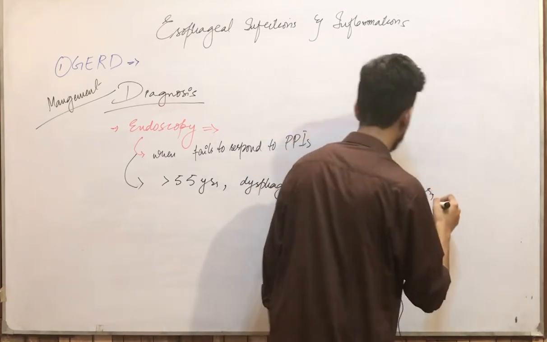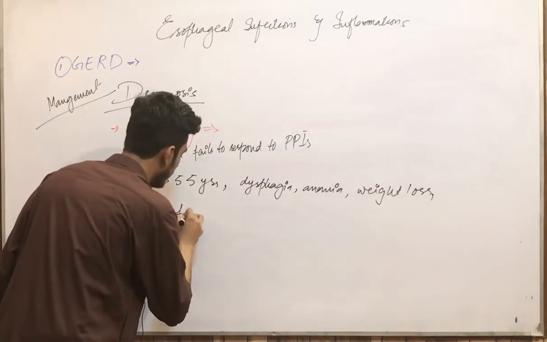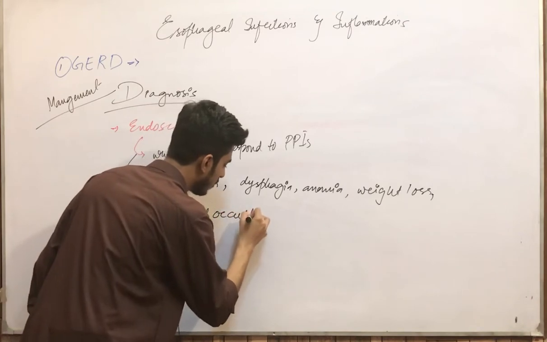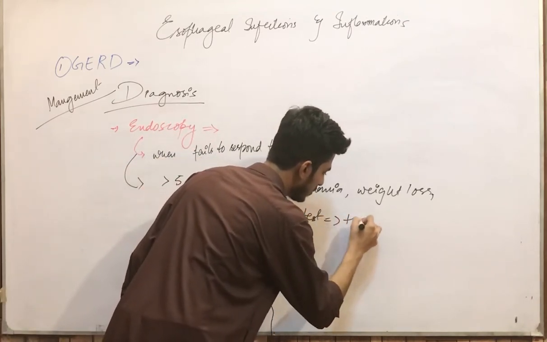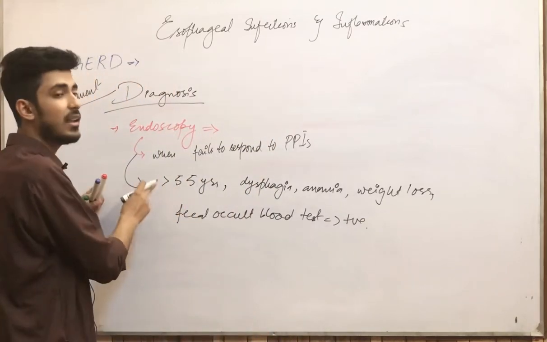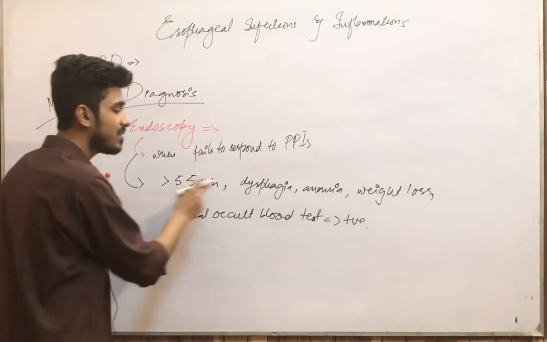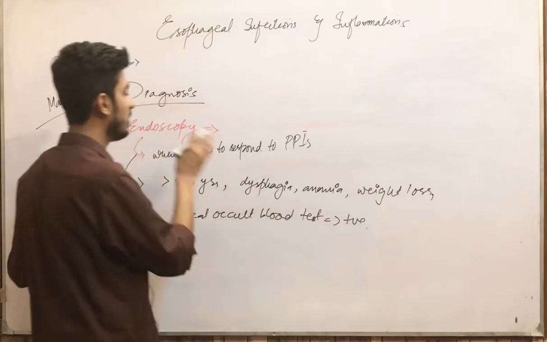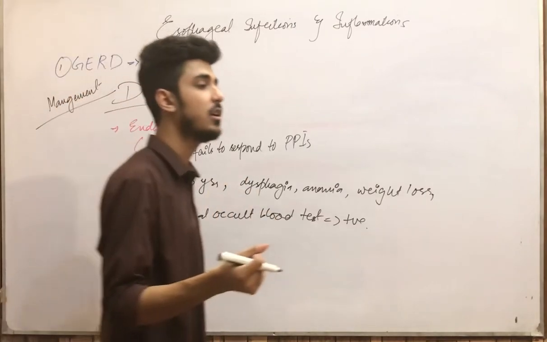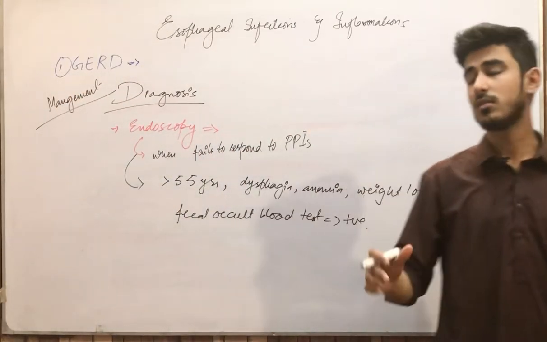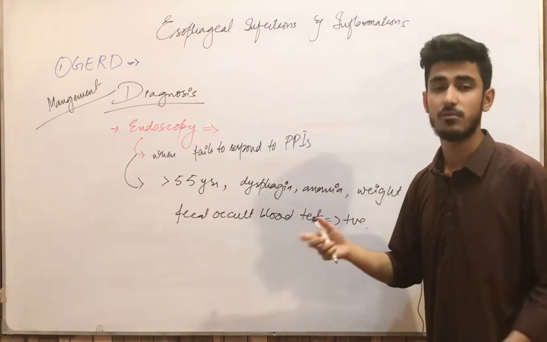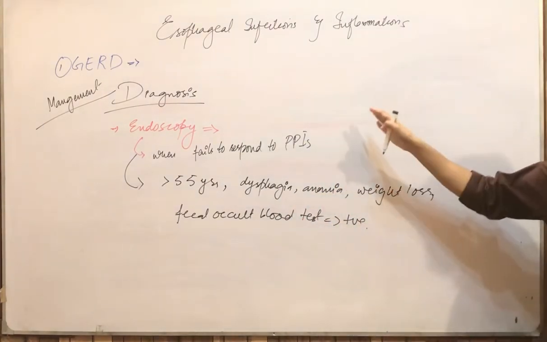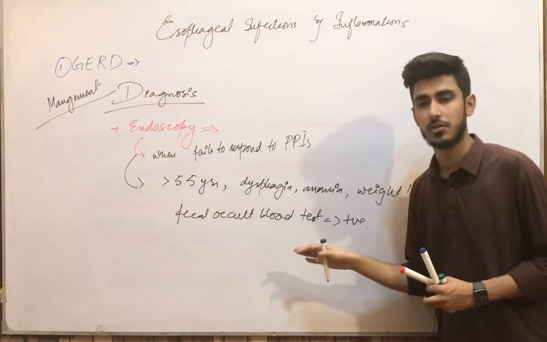Clear? And his fecal occult blood test is also positive. So this is an alarming situation, means in this condition you have to carry out the endoscopy immediately, so that you can reach the diagnosis and start the treatment as soon as possible. Clear? So this is the indication for the endoscopy.